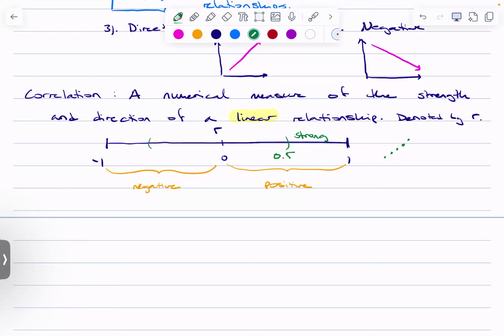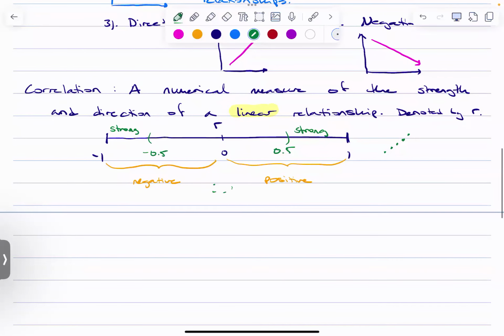Same thing goes on the negative side, right? From negative 0.5 to negative 1, I would consider this a strong relationship. Making everything kind of hovering around 0. So at a correlation of 0, you would have just no rhyme or reason here, versus a perfect negative relationship.